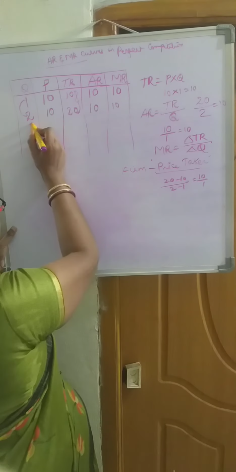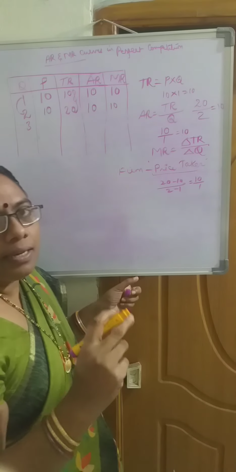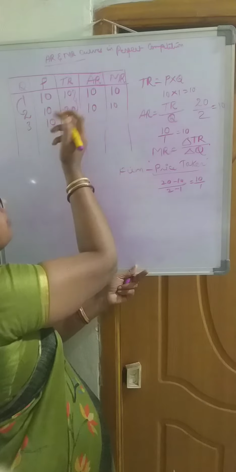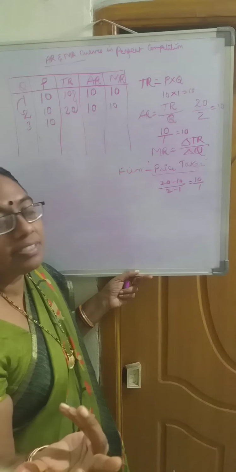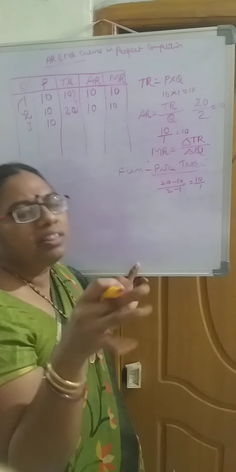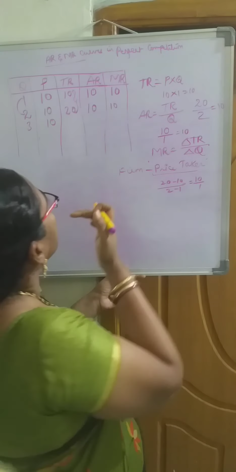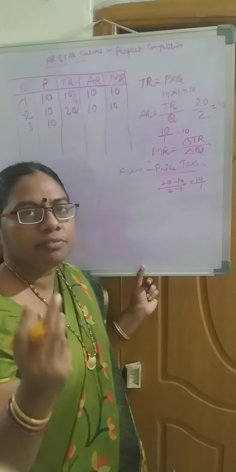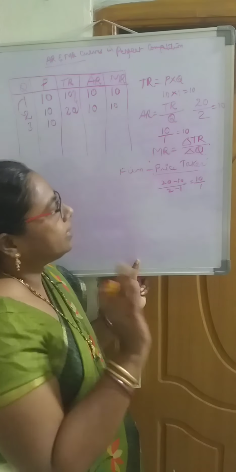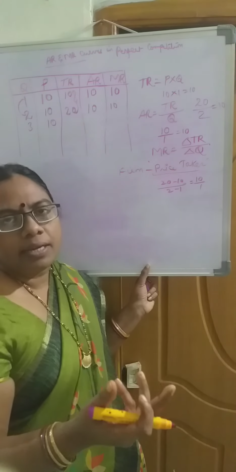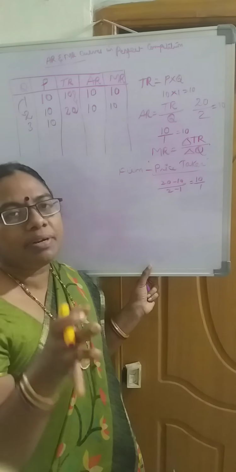Now say he is ready to sell 3 products with the price 10, as usual. As I've said, the industry gives a price and all the firms have to accept it. That's why this is a peculiar characteristic or feature of perfect competition: even though the firms are in large number, they cannot increase or decrease the price.